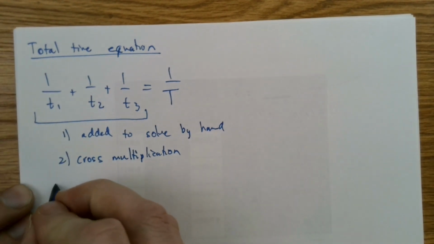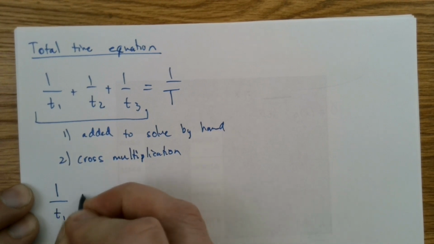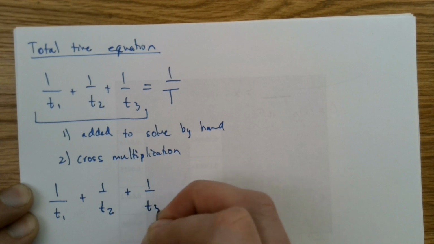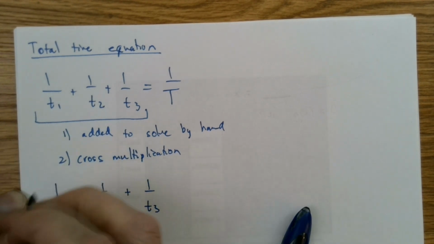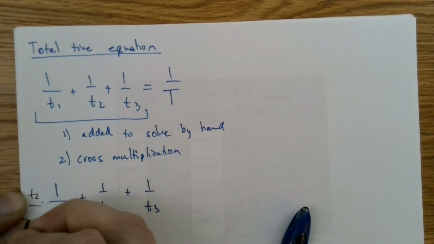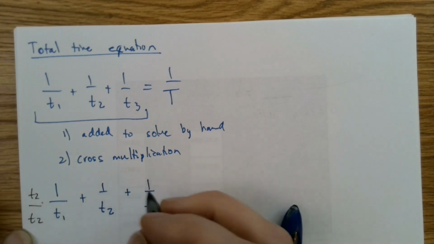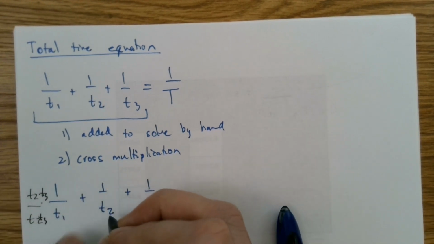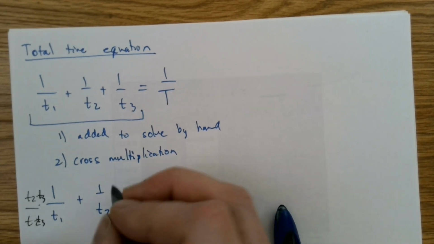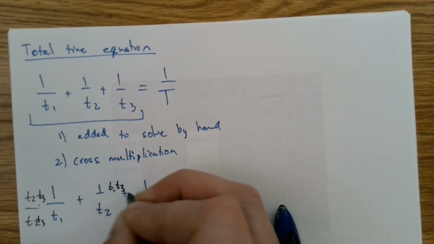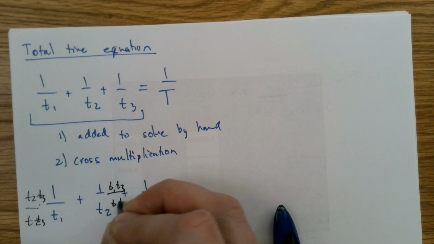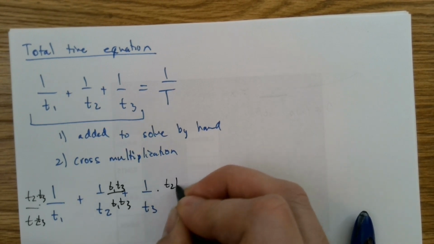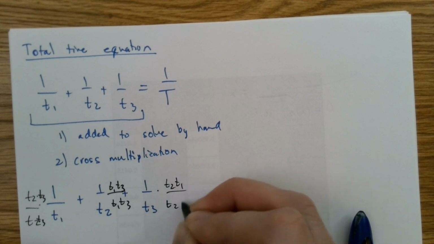So I'll rewrite it here and just do it symbolically. Since all of these are missing the other denominators, I would multiply this one by t2 over t2, that's equal to 1, and t3 over t3. This one is missing a t1 and a t3, so we'd multiply by t1 over t1 times t3 over t3. And then this one is missing a t2 and a t1. Oops, I should have put those in order, whatever.